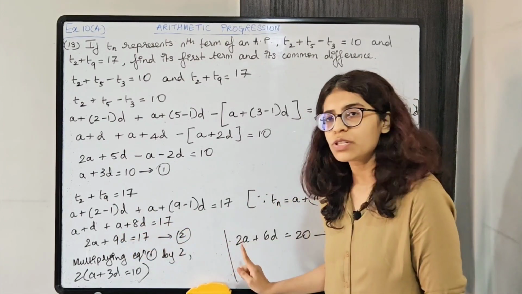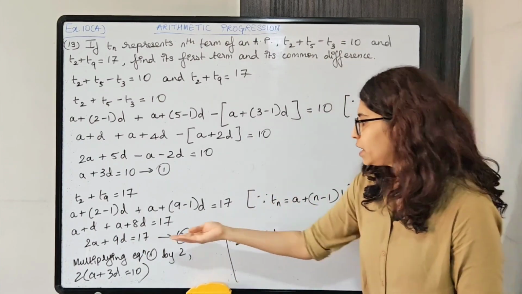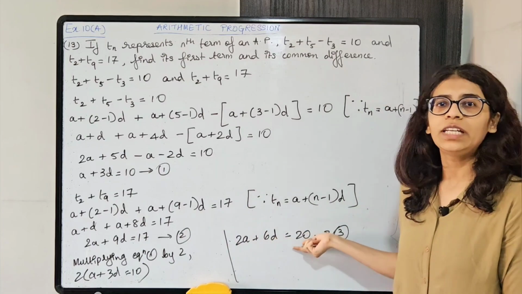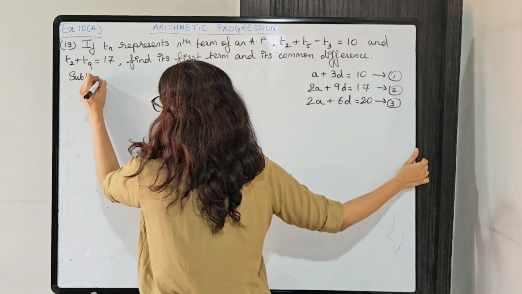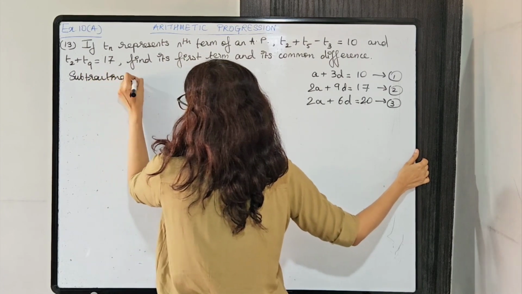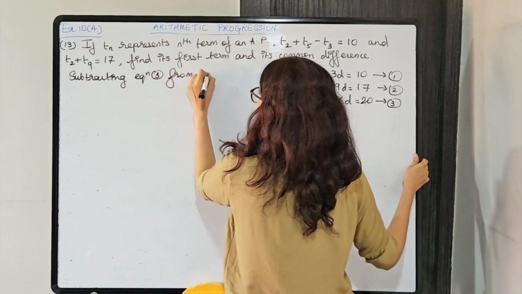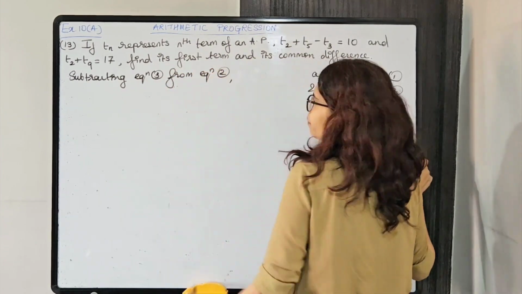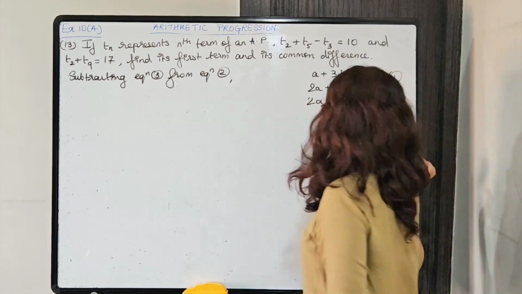Now check 2 and 3, coefficient of A is same, okay? And signs are also same. Whenever the signs are same, you subtract, okay? And when signs are opposite, you add. So we'll subtract the two equations and find out the value of D first. Subtracting equation 3 from equation 2. So we'll write 2 first. 3 has to be subtracted, signs will change.